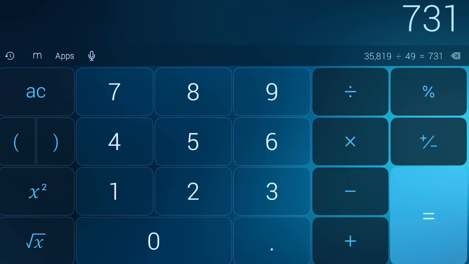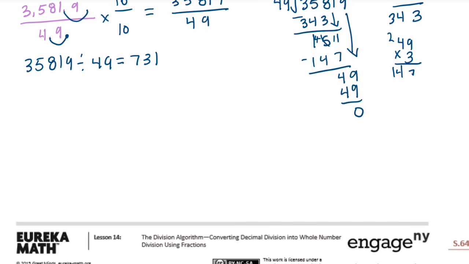Yep, is equal to 731. So we can also do the multiplication and say 731 times 49 would be equal to 35,819.